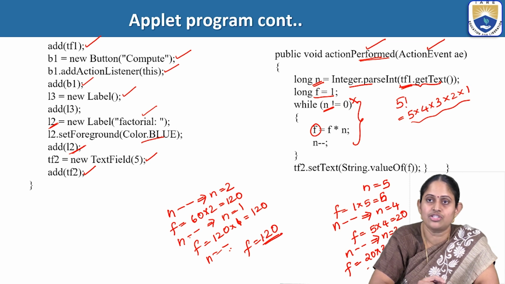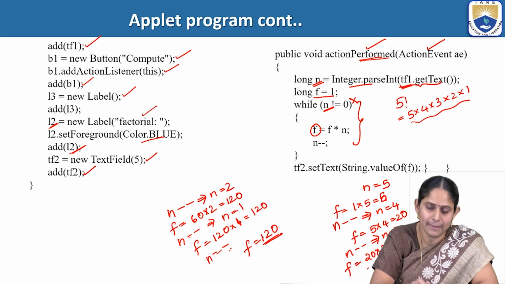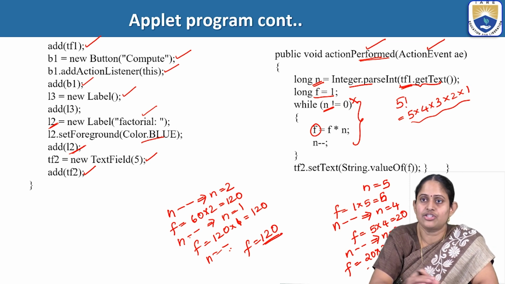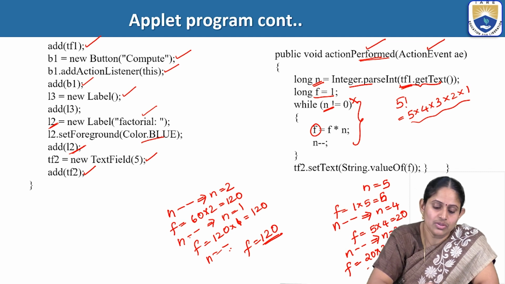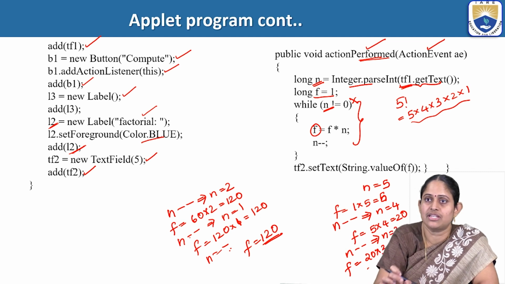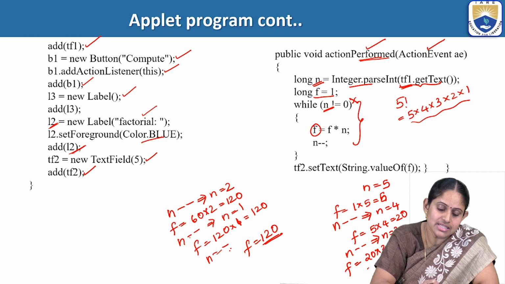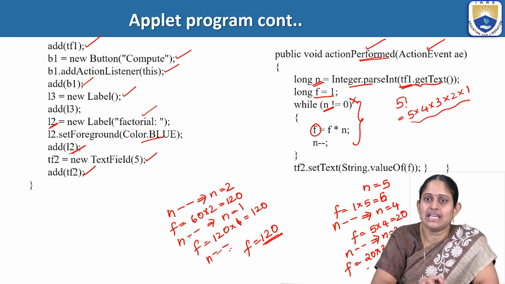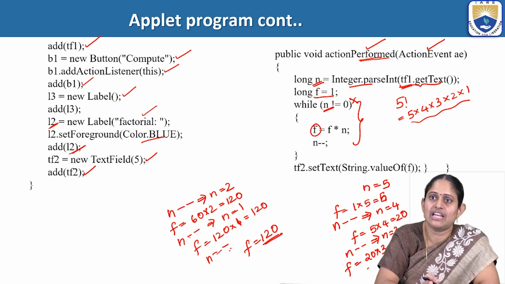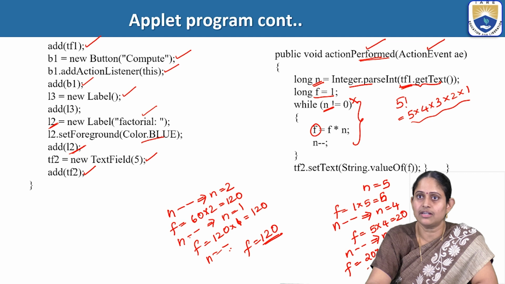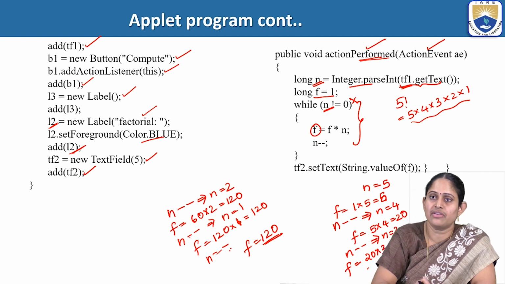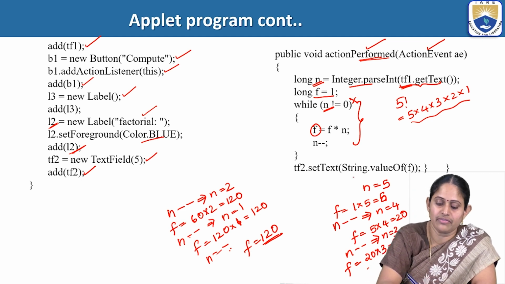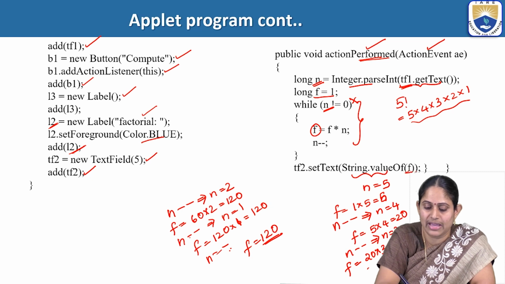Now this value has to be written onto the text field. So that text should be set to 120. 120 is stored in the value f, which is an integer. So that f has to be converted into string, and then that string value will be written onto the text. To write this integer as a string, we call String.valueOf(f).